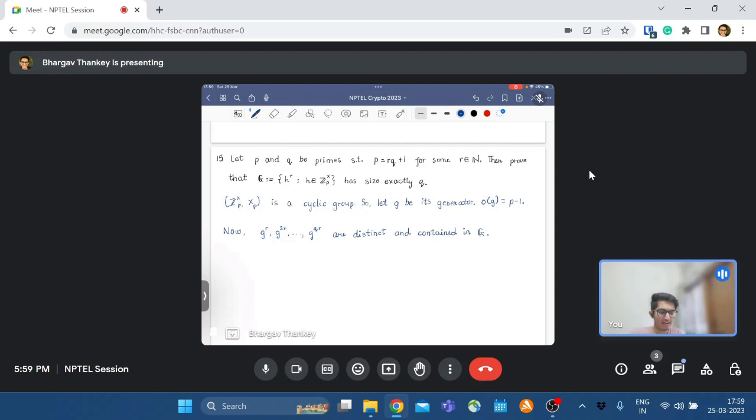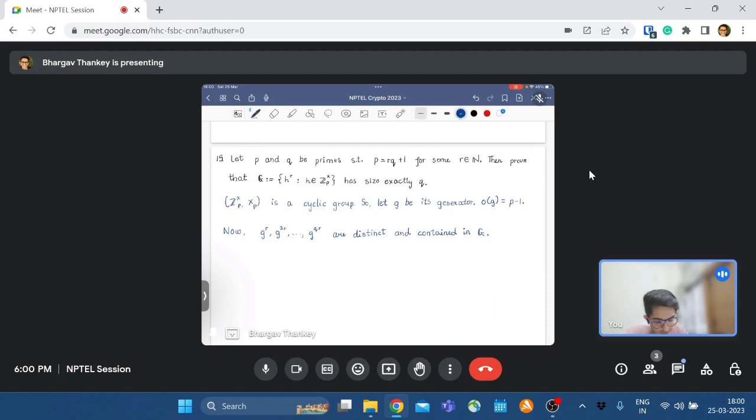Is this fine, why they are contained in G? It's because if you pick anything over here, it has the form g to the iR, and so it's the R-th power of g to the i. So all of these are distinct and are contained in G.